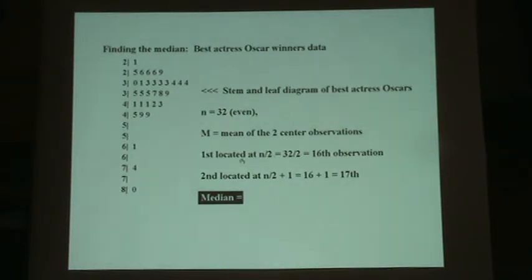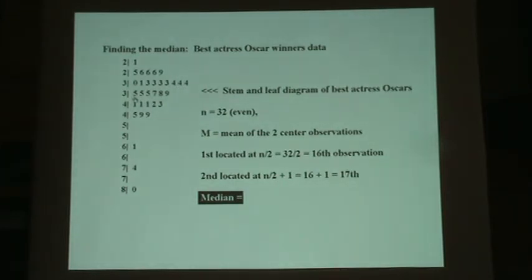The first observation is located at the n divided by 2. So 32 divided by 2 is 16. So the first number is the 16th observation. So let's start here. 1, 2, 3, 4, 5, 6, 7, 8, 9, 10, 11, 12, 13, 14, 15, 16th.